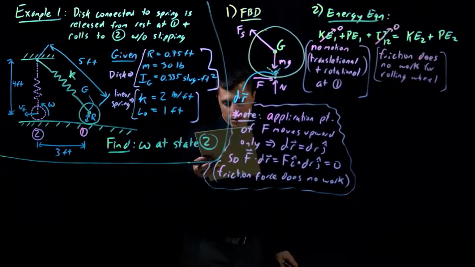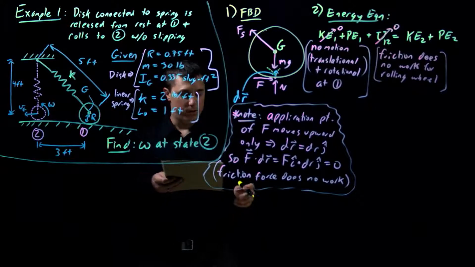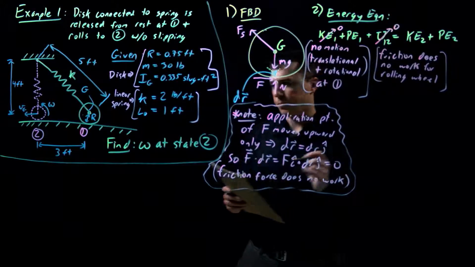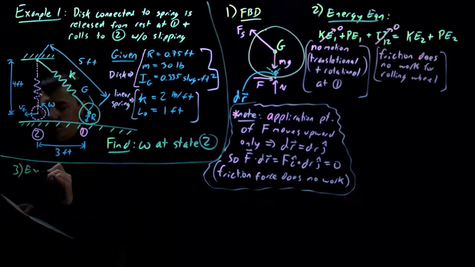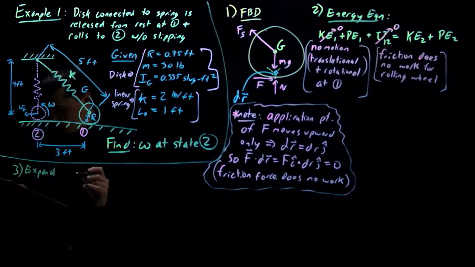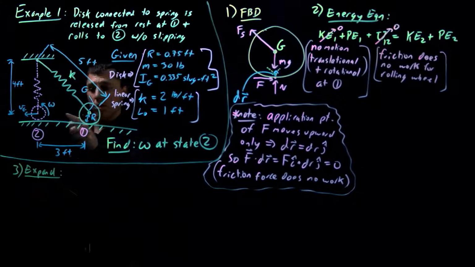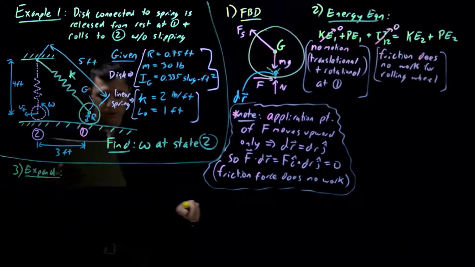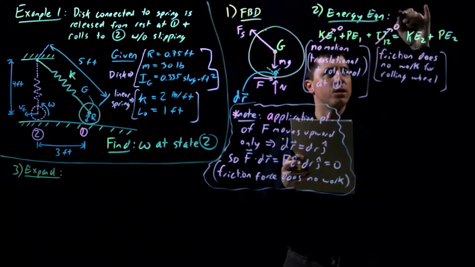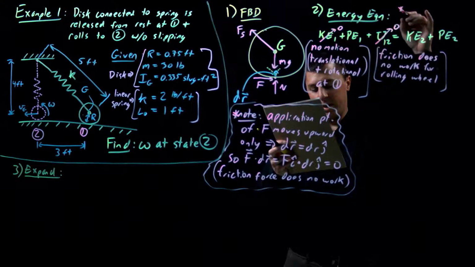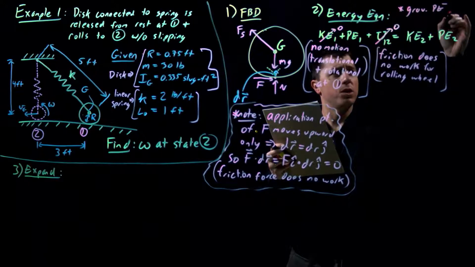All right, now the rest of the terms we need to expand. Let's do it down here. Expand: potential energy at 1, and also note there's going to be no gravitational potential energy. Let's make that note up here too: gravitational potential energy change is 0.